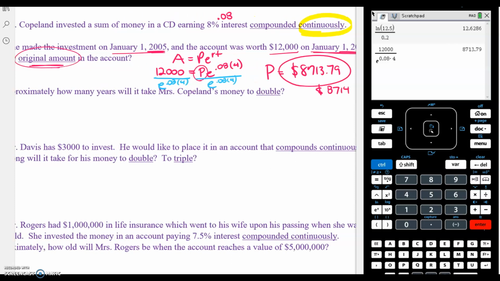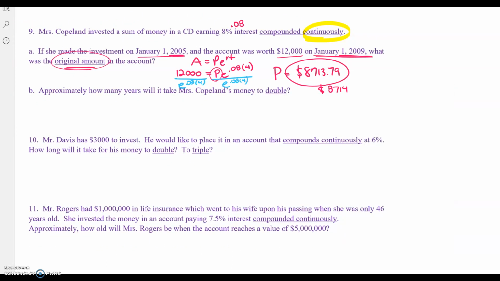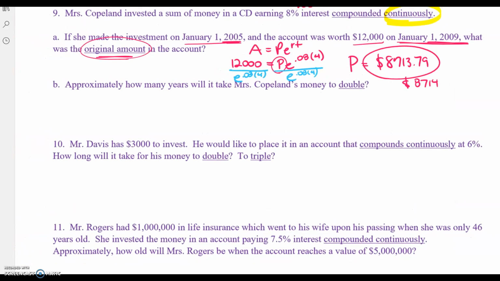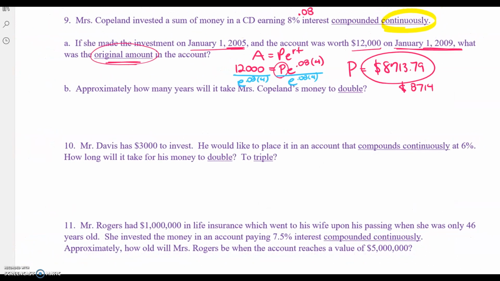Because the next problem is asking us how long it will take her money to double. So we now have found the starting amount of $8,714, and we want to know how long it's going to take that to double.